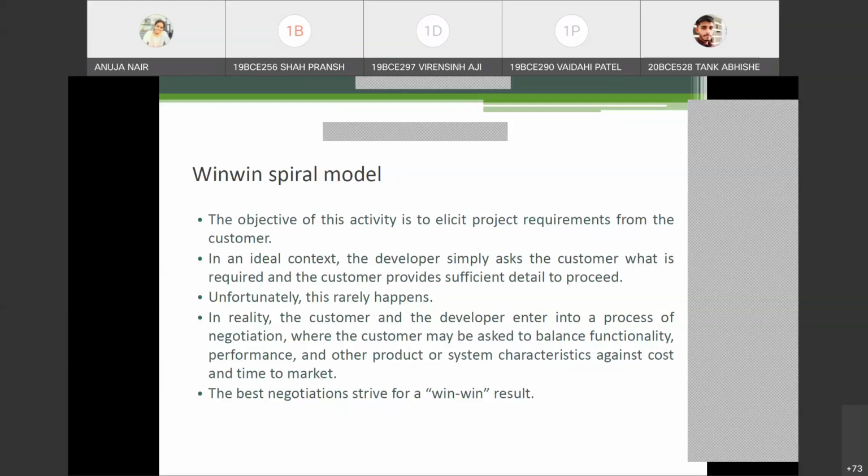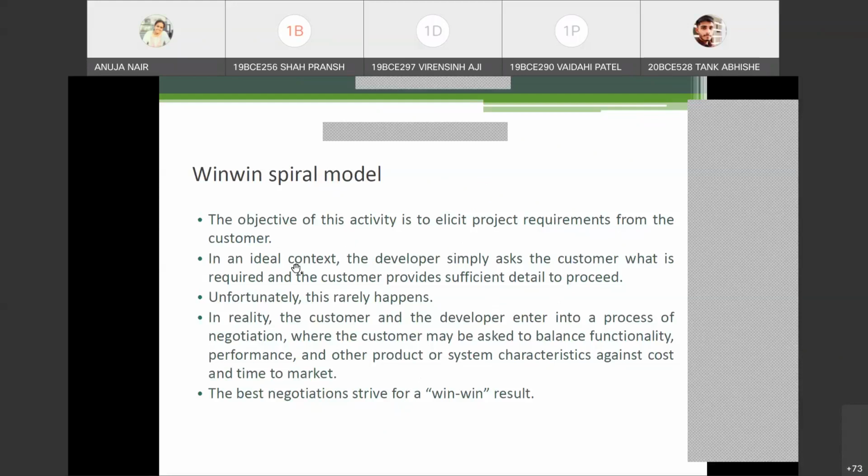In such cases you need to negotiate with the customer that it is not feasible to implement these requirements. So you can give that suggestion as well. You need to take the project requirements from the customer, but at the same time you need to negotiate as well. You cannot implement everything that the customer is saying, right?